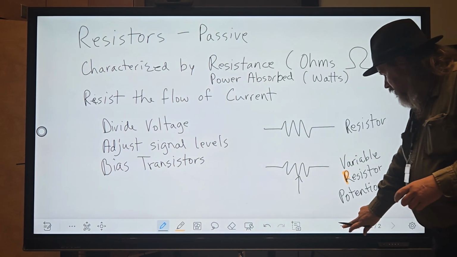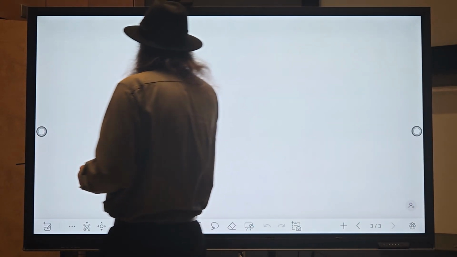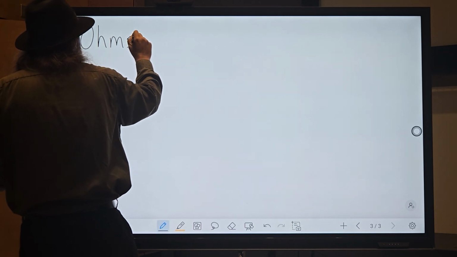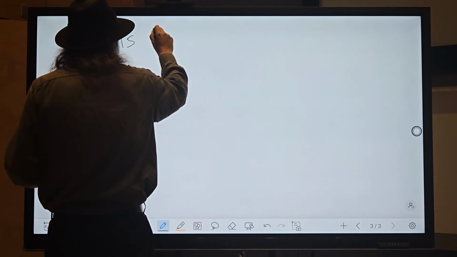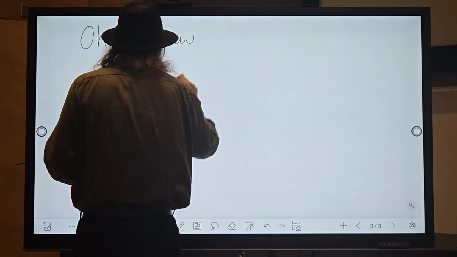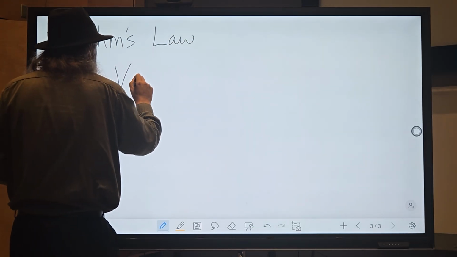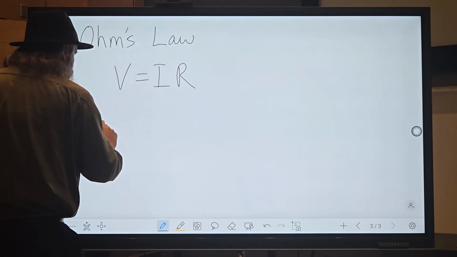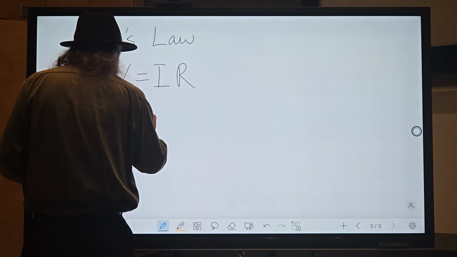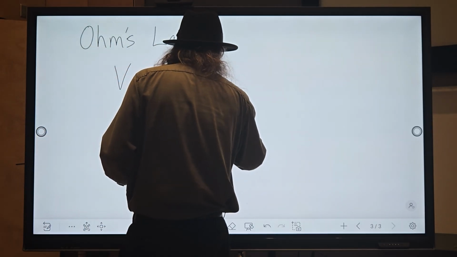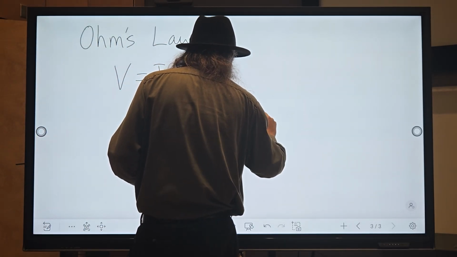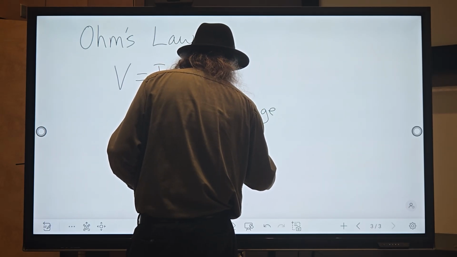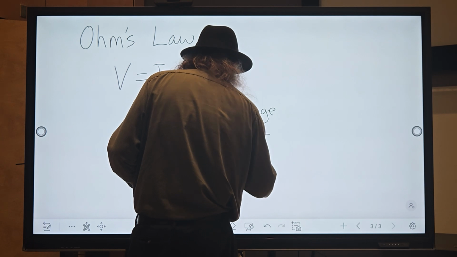So when analyzing a circuit, you have Ohm's law, which is V equals I R: voltage across the resistor, the current, and the resistance.